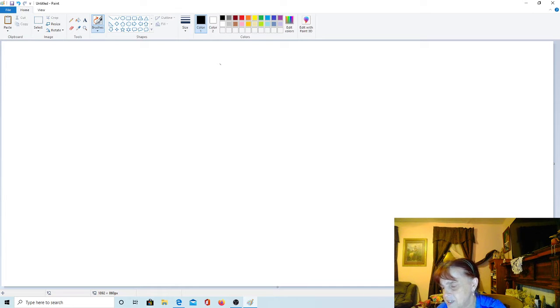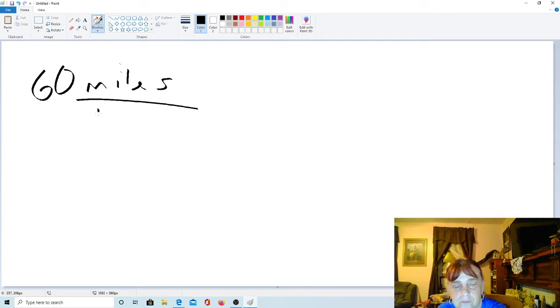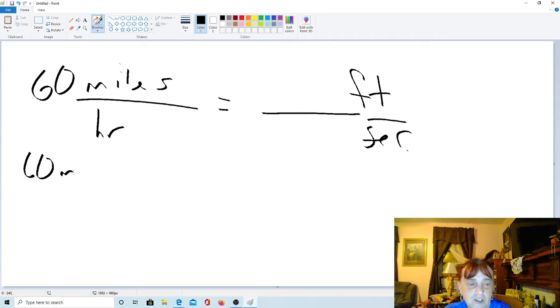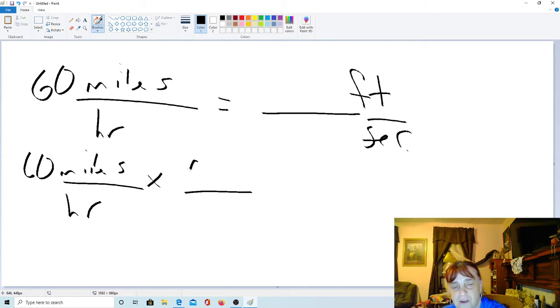So 60 miles an hour is how many feet per second? You have to change the 60 miles to feet. So you multiply that by 5,280, because there are 5,280 feet in a mile.